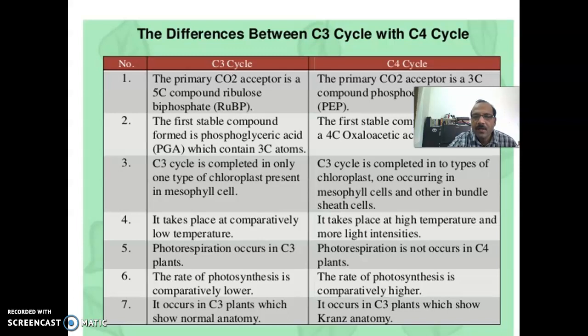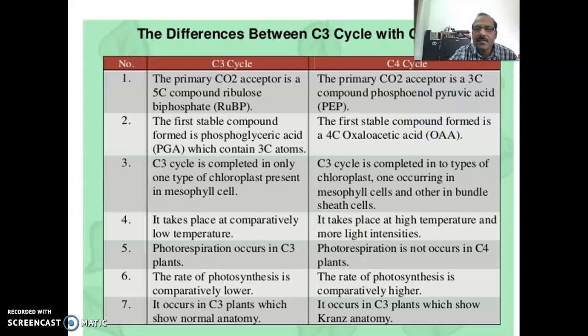Now we can see some additional differences, a higher level of differences. For your examination, you should write this. Before that, I have discussed some basic differences. ഇത് തൊട്ടുമുമ്പ് പറഞ്ഞിരിക്കുന്നത് വളരെ ബേസിക് ആയിരിക്കുന്ന ഡിഫറൻസസ് ആണ്.